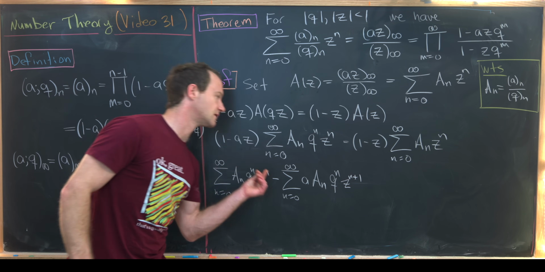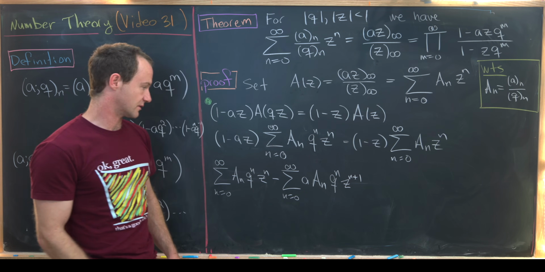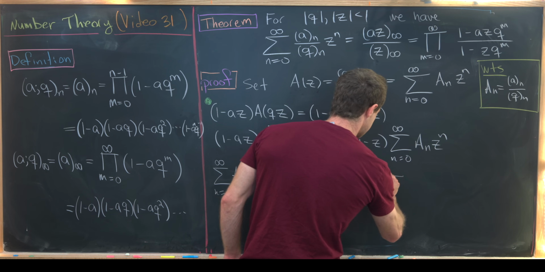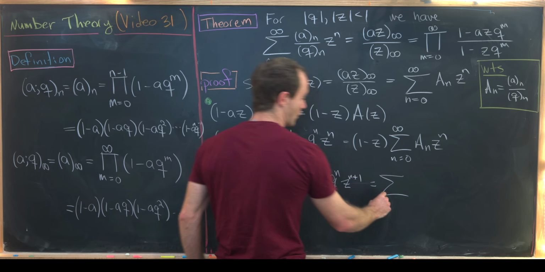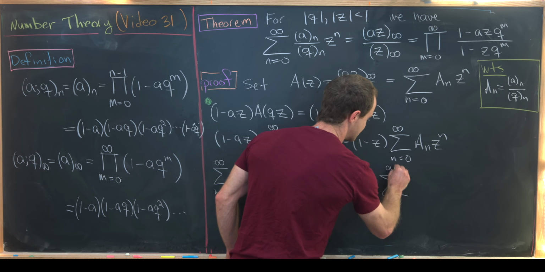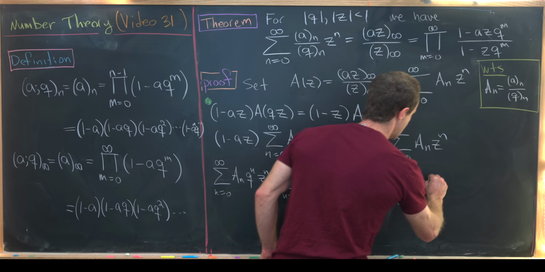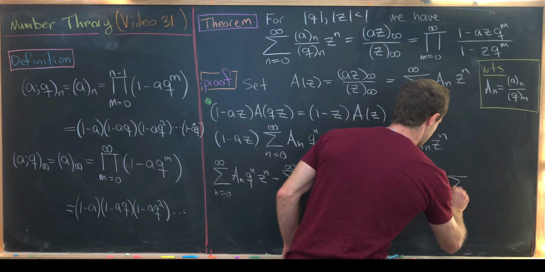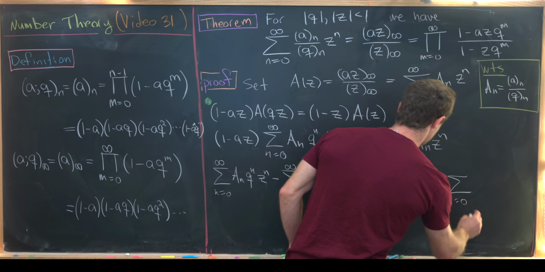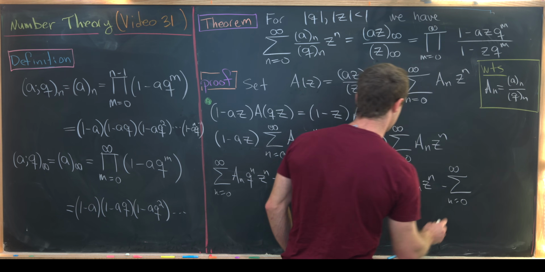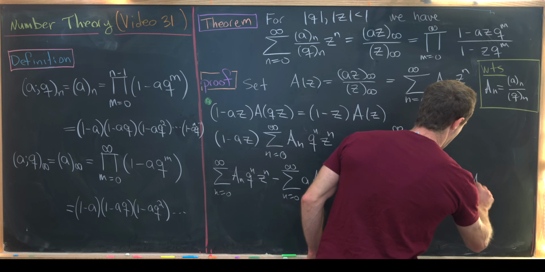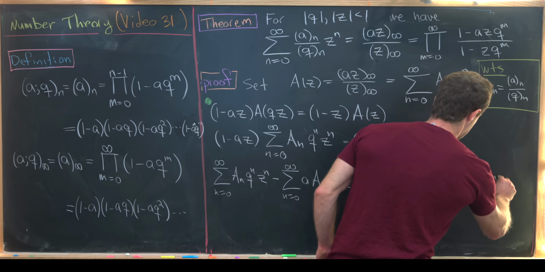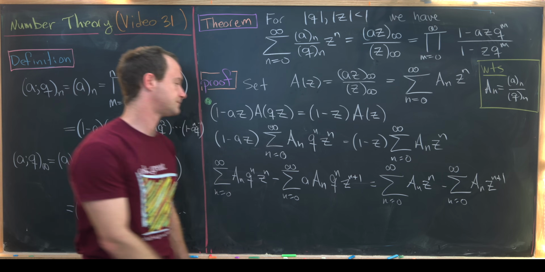So that's how this builds up when we distribute it through. And then over here on the right-hand side, obviously multiplying by 1 is not going to do anything, so I can just bring this down. And then multiplying by z will bump that exponent up by 1. So I've got my sum as n goes from 0 up to infinity of a_n z to the n plus 1.